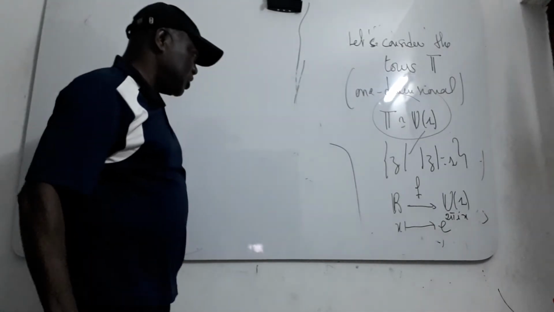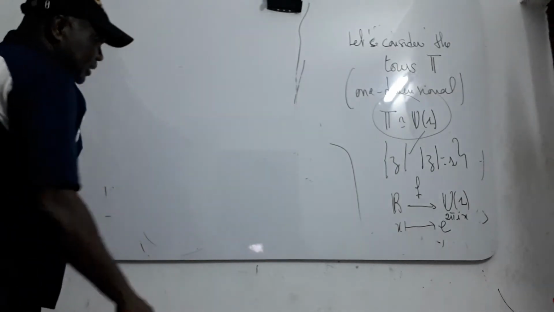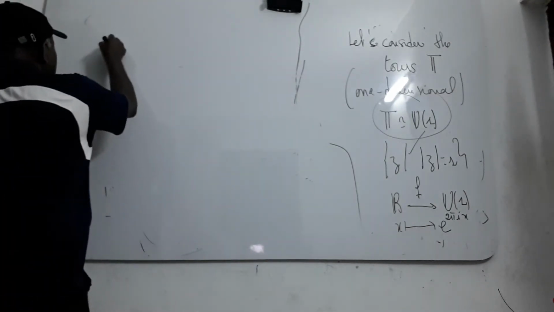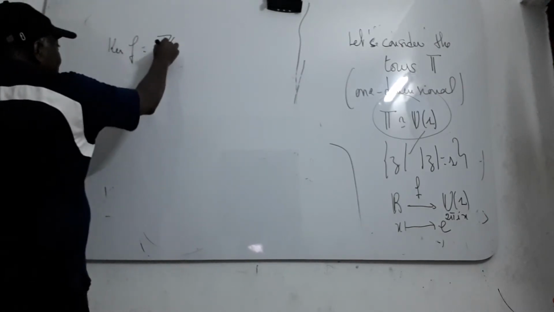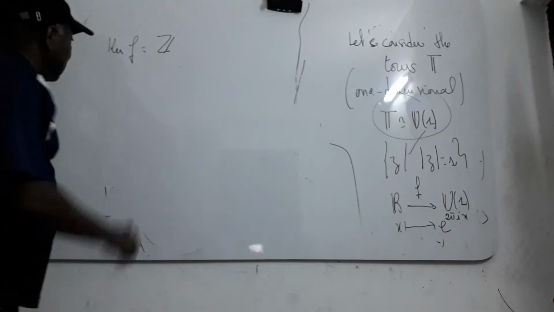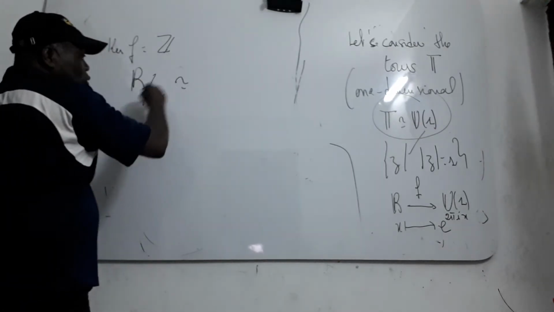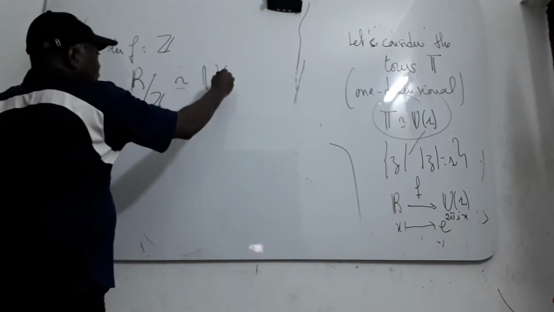Under these conditions, when f is linear, surjective, and the kernel of f is exactly equal to Z, then R quotient Z is isomorphic to this map.